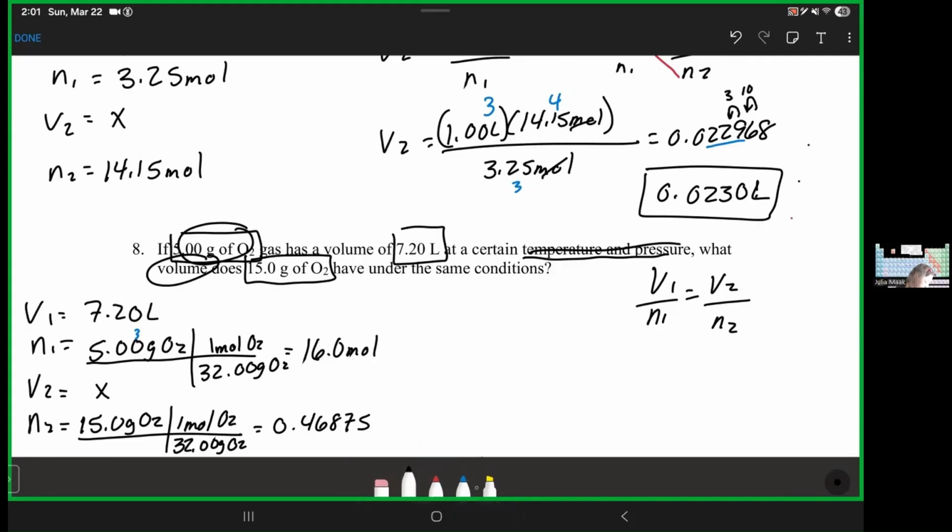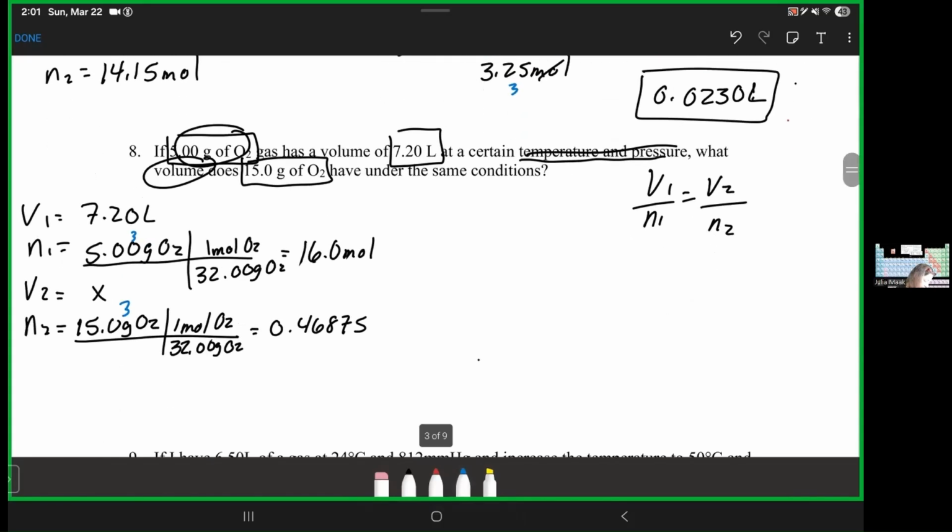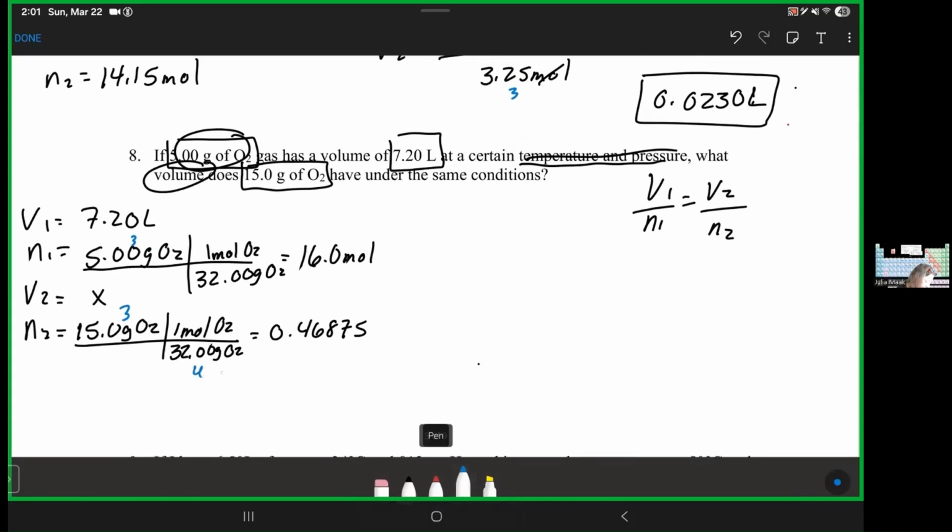0.46875. And this is 3 sig figs, and that's 4 there. So I'm going to go 3 sig figs. So it's going to be 0.469 moles. And this one up here, I calculated wrong. I had them in here wrong. So this is 5 divided by 32.